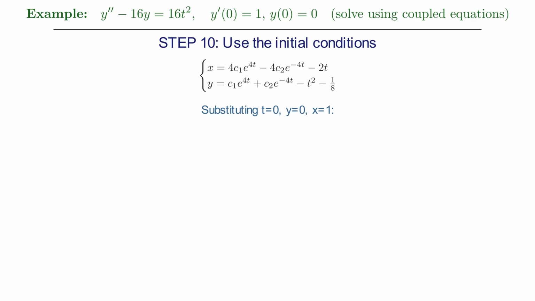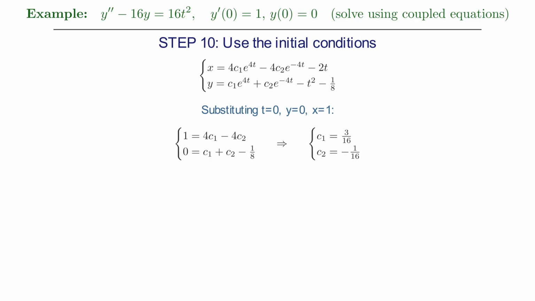Substituting these in, we get the pair of simultaneous equations: 1 equals 4c1 minus 4c2, and 0 equals c1 plus c2 minus 1 over 8. Again, we can solve these with any method that you know. You could use substitution, elimination, a calculator, or MATLAB. Solving these, we get the solution c1 equals 3 over 16, and c2 equals minus 1 over 16.